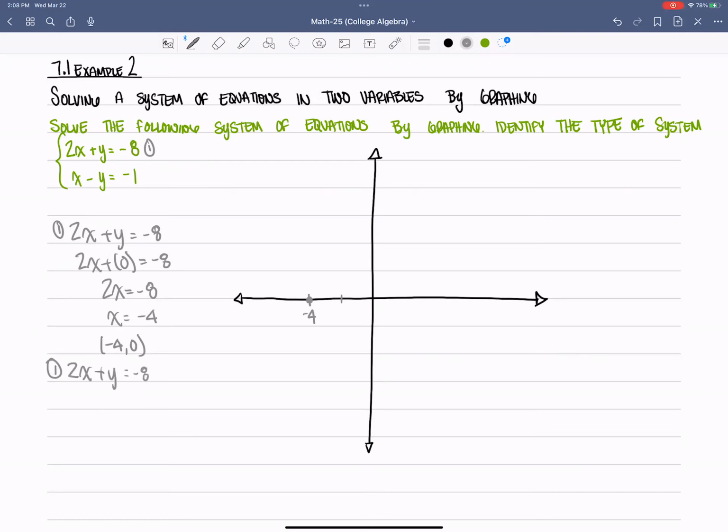So 2 times 0 plus y is equal to -8. y is equal to -8. So this gives us the point when x is 0, y is -8. So here we have 2, 4, 6, and 8. And from here, we're going to draw our graph.